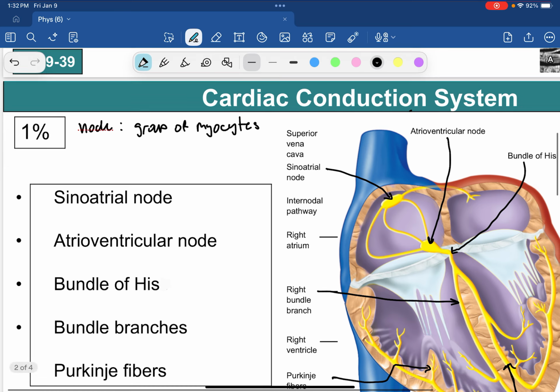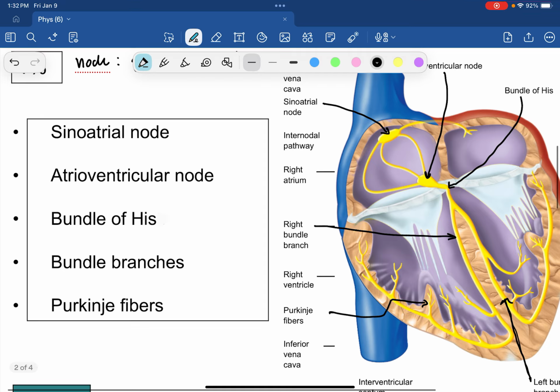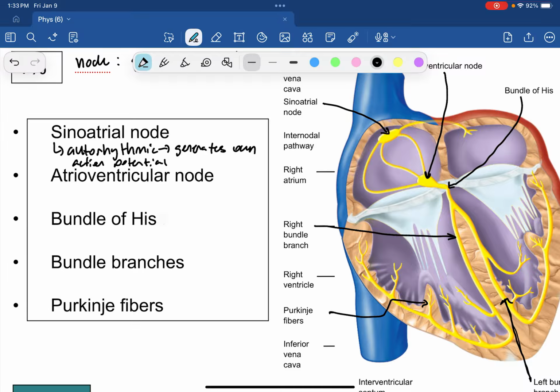First, we start at this sinoatrial node. This is going to be autorhythmic, which just means that it generates its own action potential. You may have even heard of this being called the pacemaker. So it's just important to note that.